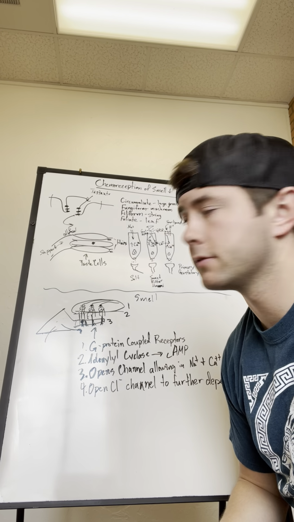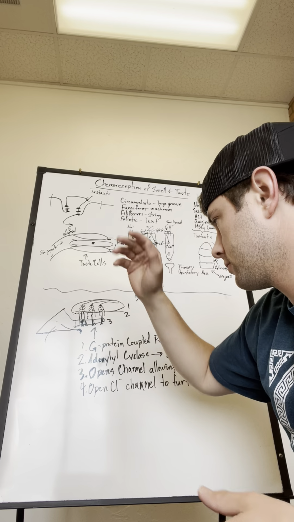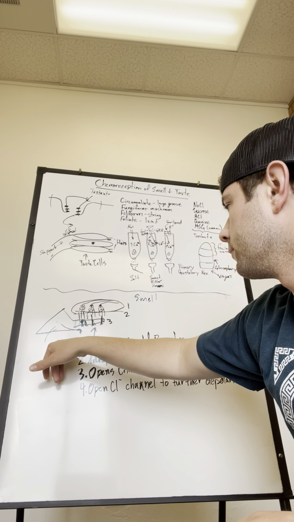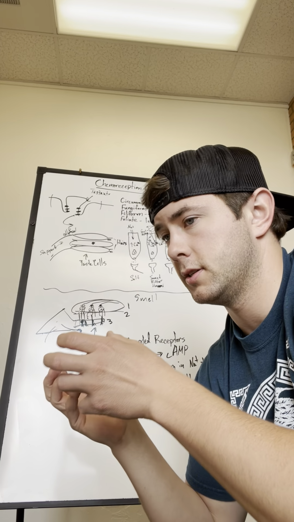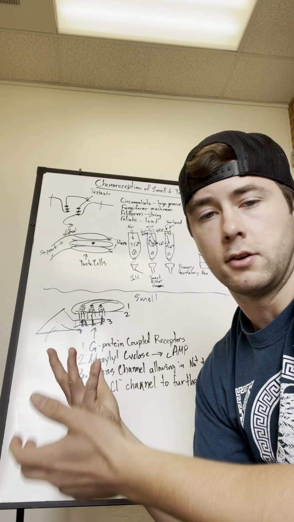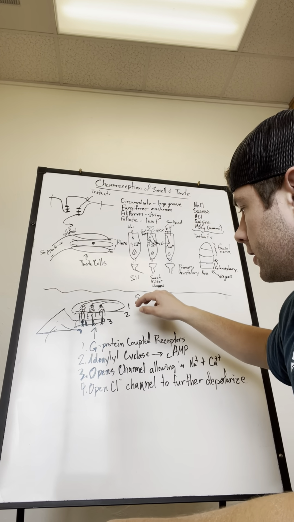So first off, we have our nose right here. That's kind of rudimentary for a nose, but we breathe in things, and these are chemoreceptors. You'll have chemicals in the air that you breathe in. So what's that going to do?